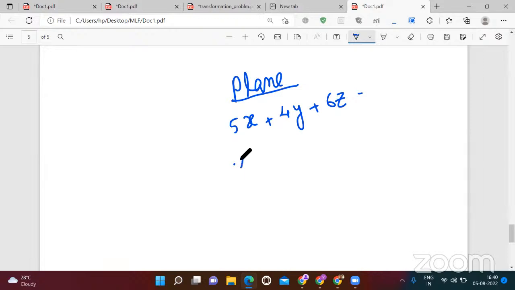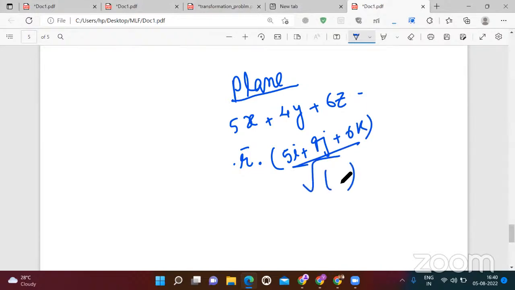It can be written in the form of r dot (5i plus 4j plus 6k) upon the square root of this. So don't get afraid after seeing this.